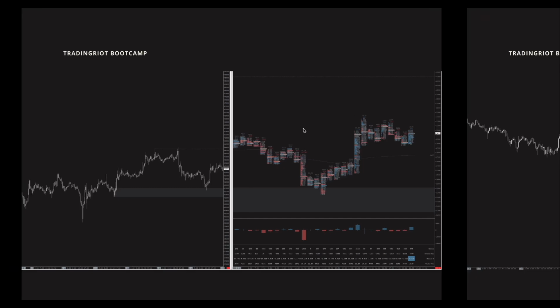Okay, example of a cluster. This is without any volume profile and points of control and stuff like this. Market is making this kind of base right here, from which it moves to the upside after the V-shape reversal. So you have another factor of confluence.